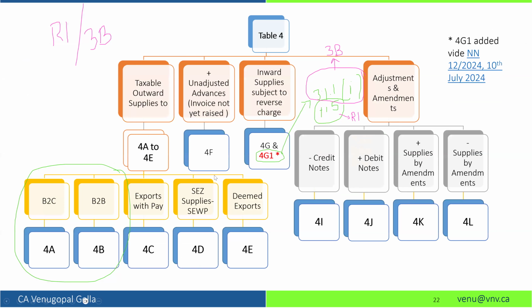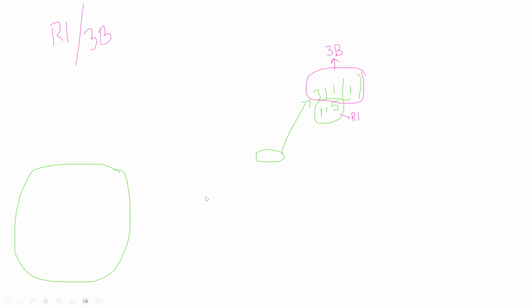Okay, so let's look at it this way. Let me be clear. I'm only talking about the tax. In R1, I have disclosed 1 lakh tax. In 3B, let's say I have paid 50,000.